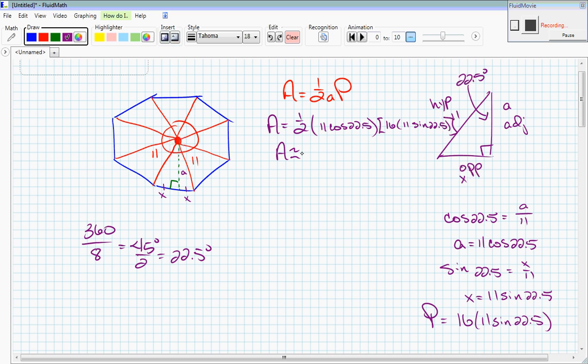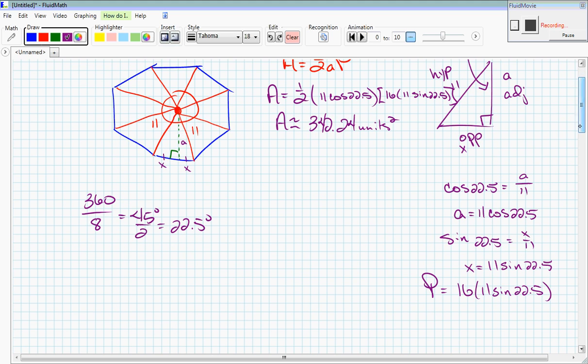And so the area is approximately 342.24 units squared. And the perimeter down here, so we also need to find that, the perimeter is approximately 67.35 units. And that is how you find the perimeter and the area of a regular octagon with a radius of 11.